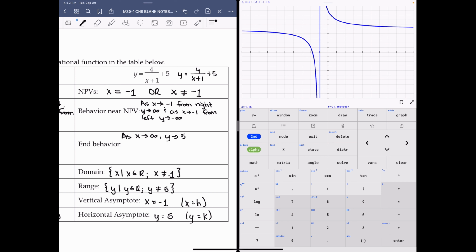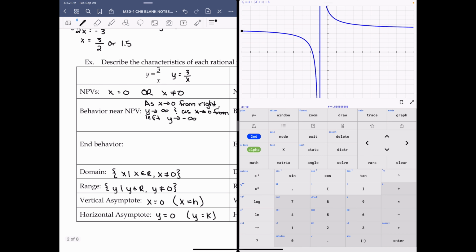And then on the other side, as x approaches negative infinity, same thing, our function is getting closer and closer to the horizontal asymptote, which is 5. And as x approaches negative infinity, y approaches 5.